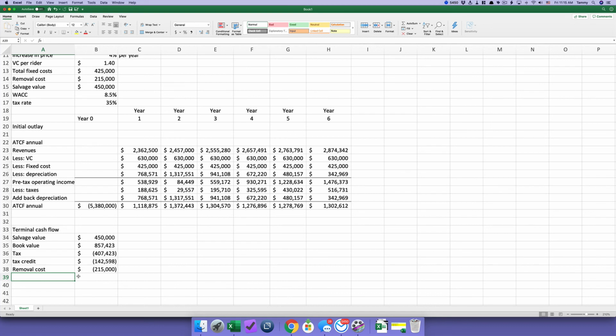So we get sort of a tax back on that, right? So say after-tax removal cost is going to be, we're actually only going to have to pay, net of the taxes, this value times 1 minus the tax rate.